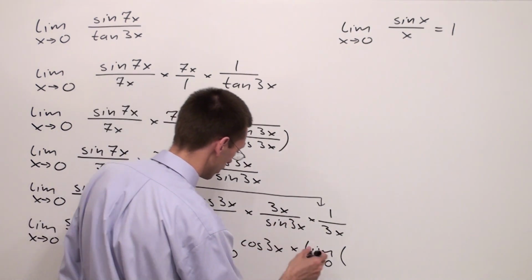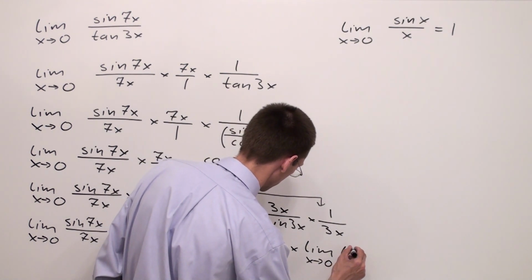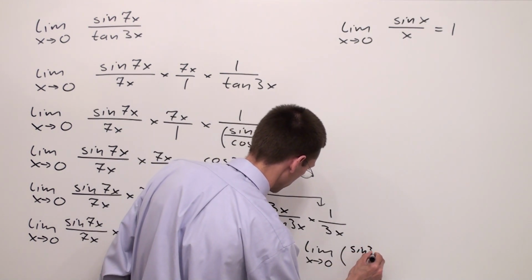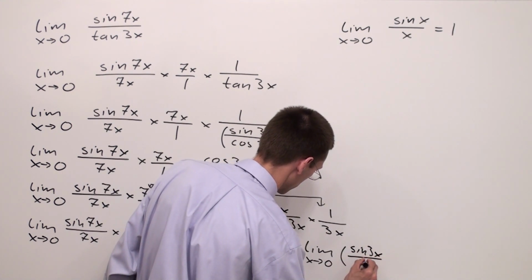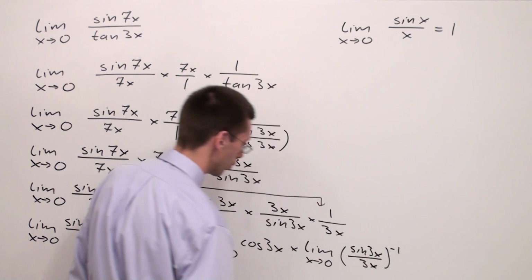I'm going to flip this fraction and add the exponent -1, and I'm going to have sine 3x over 3x to the power -1.